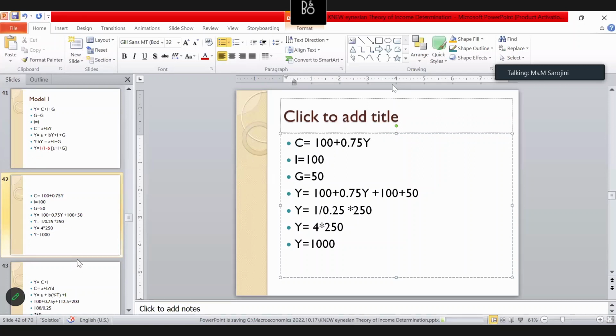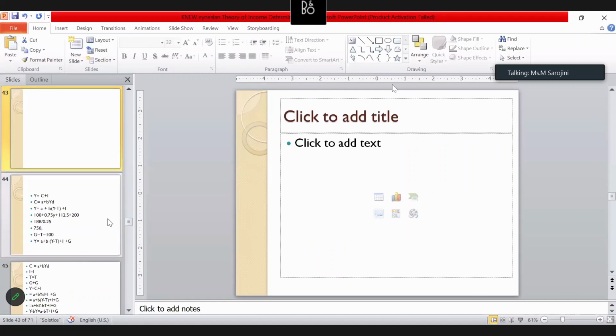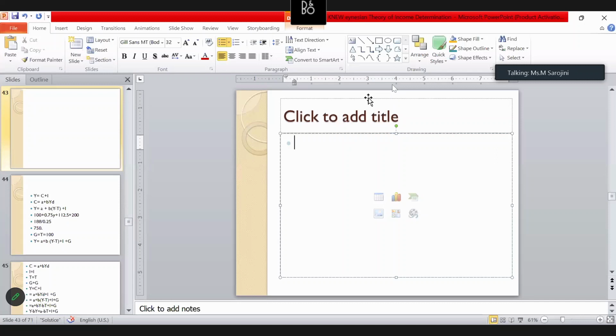One more example, that is for you, right? C is equal to 200 plus 0.9 Y, I is equal to 200, and G is equal to 100.